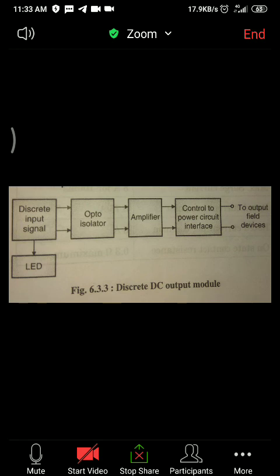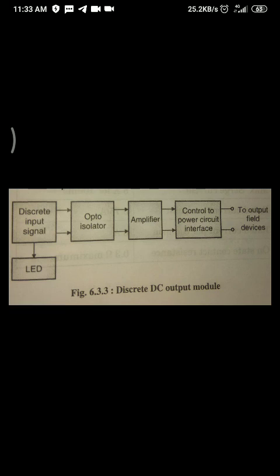Then rated current per point is 0.75 ampere. Meaning suppose there are a total of 8 output pins. Then per point it is generally 0.7 ampere. Then rated current per common is 6 ampere. Because as we have already seen in the previous lecture, there are a number of pins.